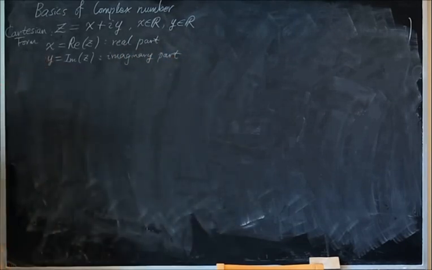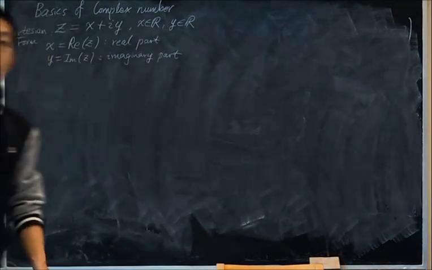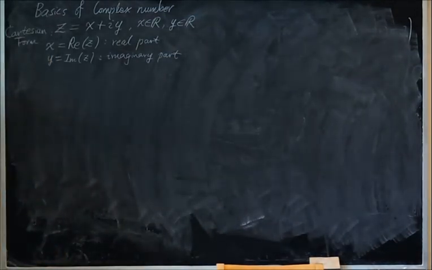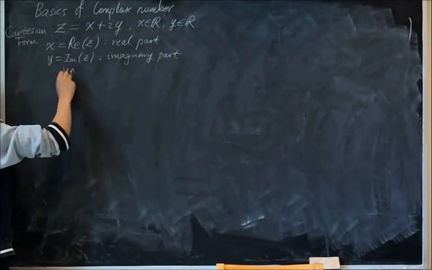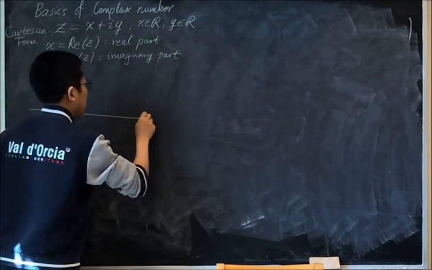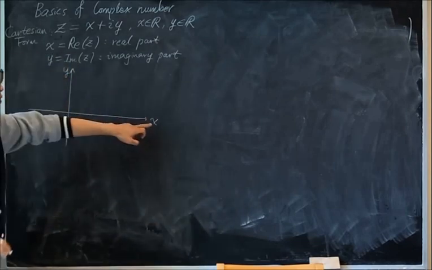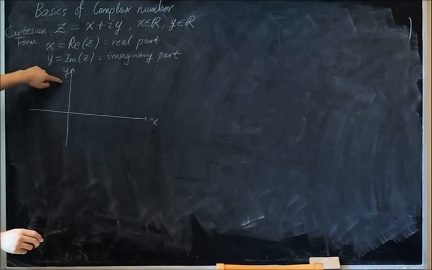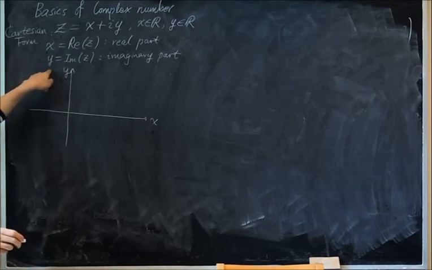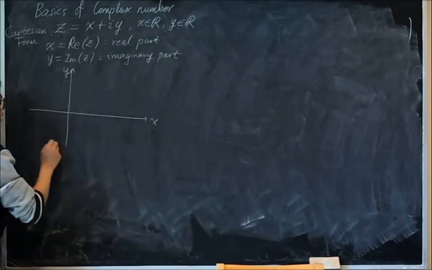Okay, so this is the basic expression of complex numbers, and sometimes we draw a plane, like an x-y plane, and we let the x-axis correspond to the real part, and the y-axis correspond to the imaginary part. And this plane, we call the complex plane.